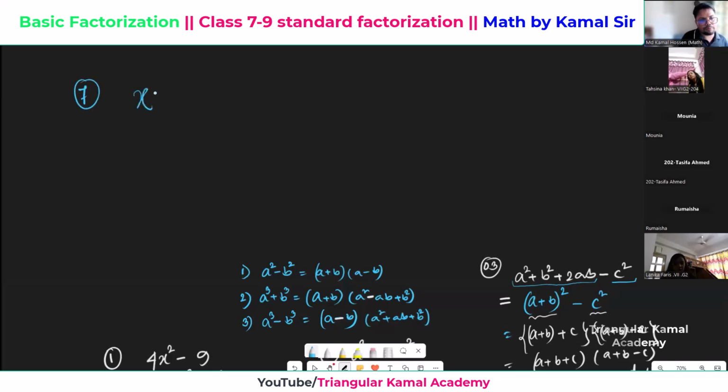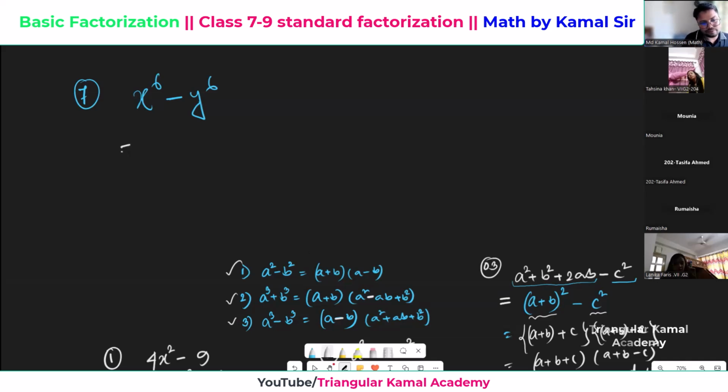This is x to the power 6 minus y to the power 6. So here 2 formula we have to apply: a square minus b square and a cube plus b cube, also a cube minus b cube. 3 formula we have to apply this math.